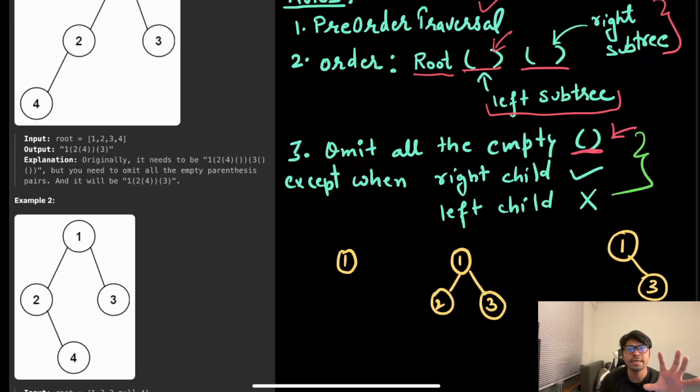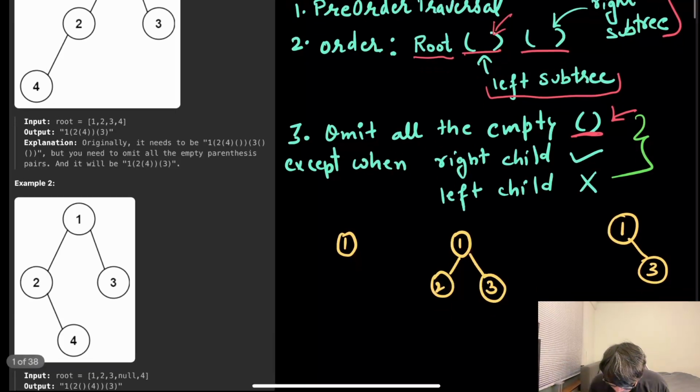In the summary, it said we have to remove all the empty parentheses except one condition, and that is when we do not have a left child but have a right child. If we have a left child and do not have a right child, omit it, just remove it.